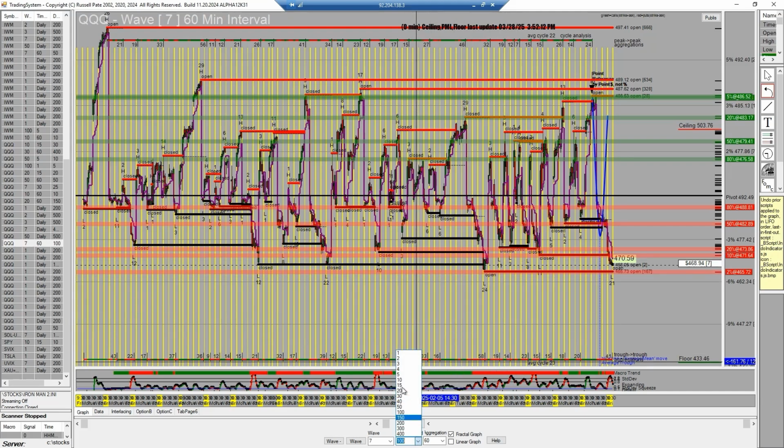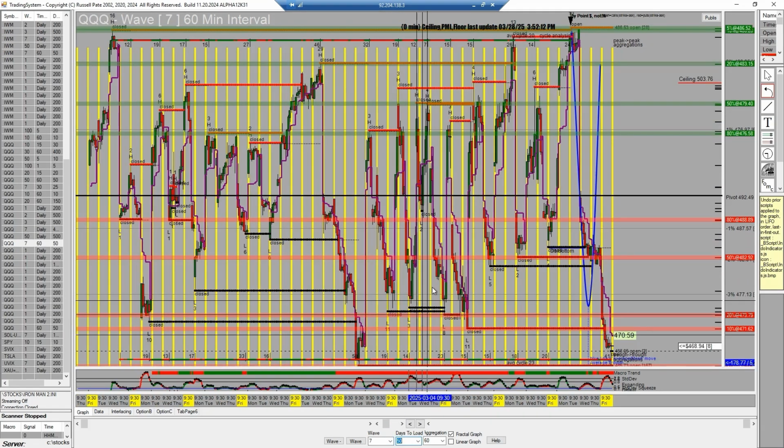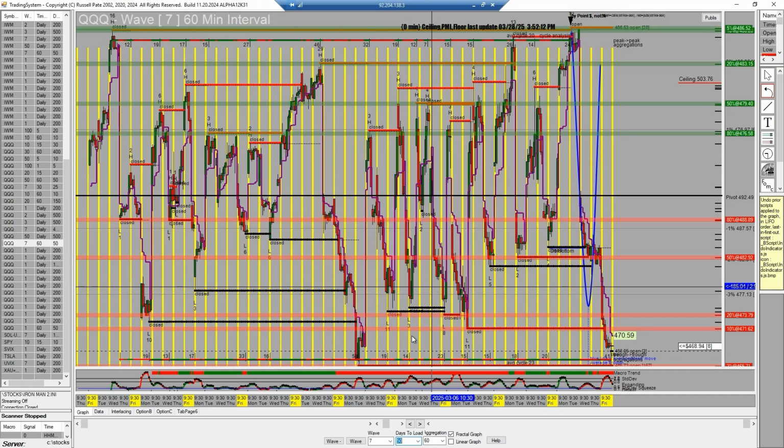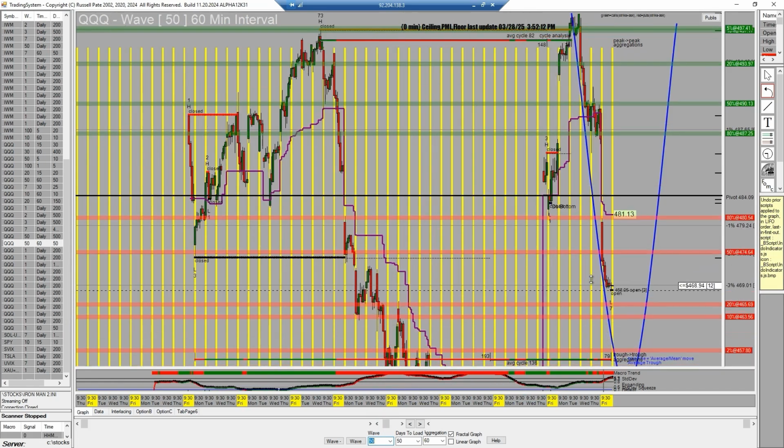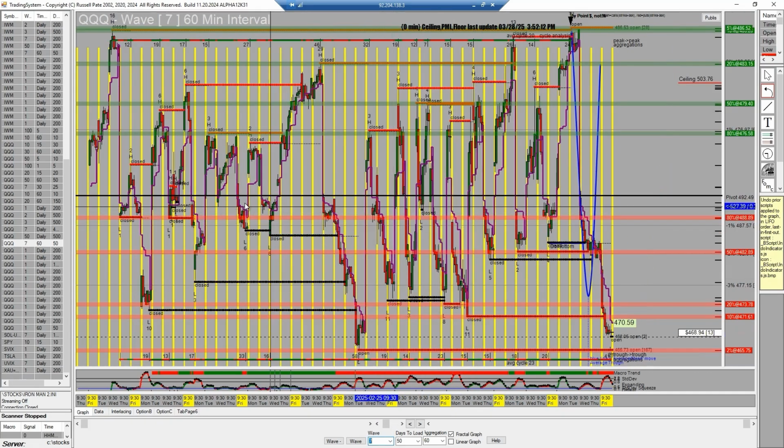Okay, again, coming back to the wave number, let's say that we are using wave 7 as a neutral point. Now, if I increase the wave number, let's say to wave 50, you can see the number of transitions actually reduced. I'm going to go back to 7. You see many transitions above and below the pivot. The market is moving like a zigzag right here.